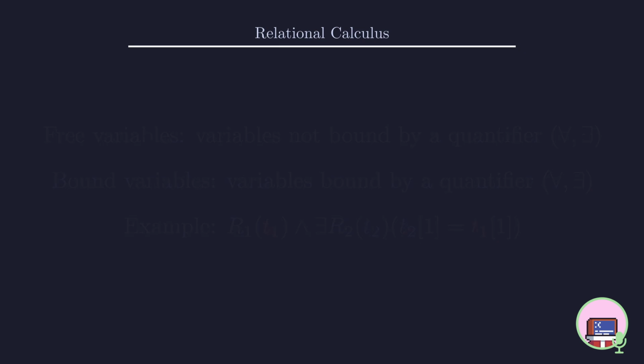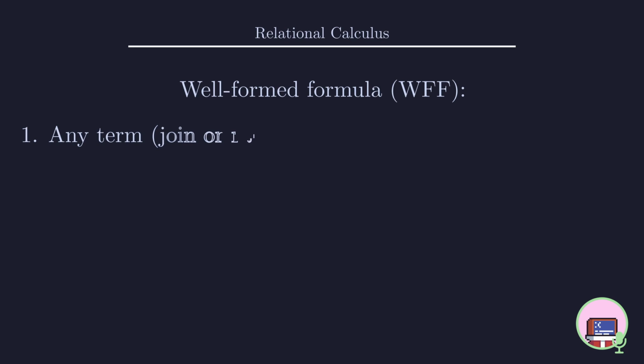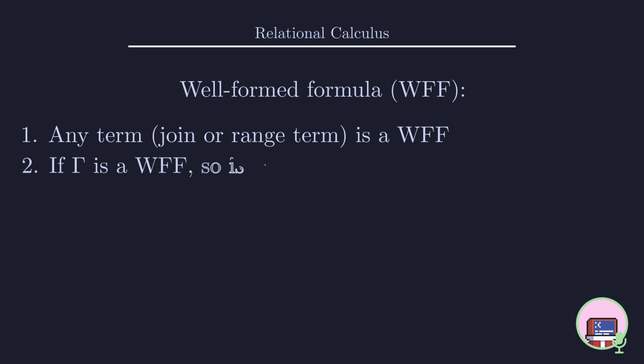The well-formed formula, or WFF, is a core component of relational calculus. It is defined as follows. 1. Any term, either a join or range term, is a well-formed formula. 2. If gamma is a well-formed formula, so is not gamma. 3.